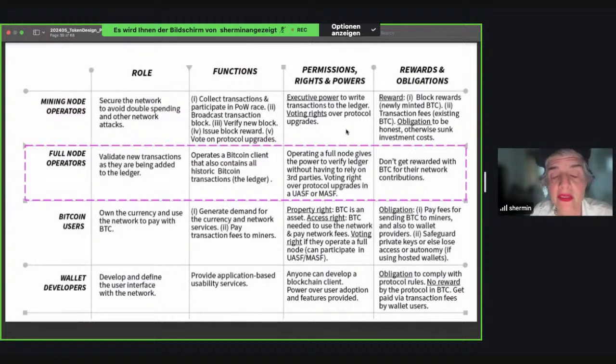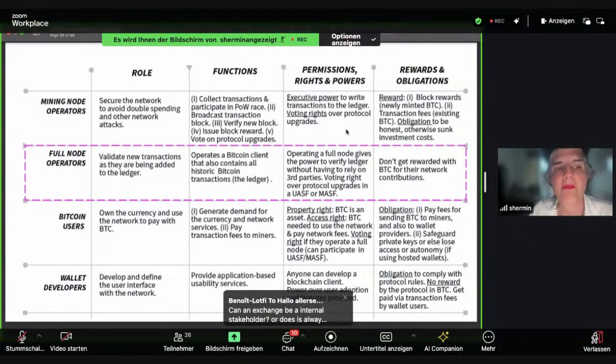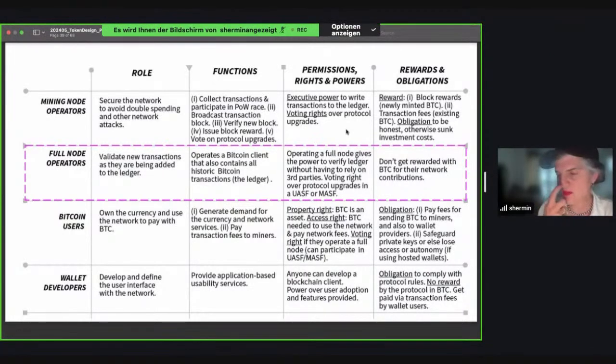You could do it in the early days from a laptop or a desktop computer, but as the difficulty rate of the network went up, and specialized hardware started to be produced to compete better in this race of proof of work, operating a mining node became much more expensive, much less inclusive, and I think that's also a very important aspect in terms of decentralization. So many people could not afford or didn't want to afford to participate in the process of mining, but they still would operate a full node.